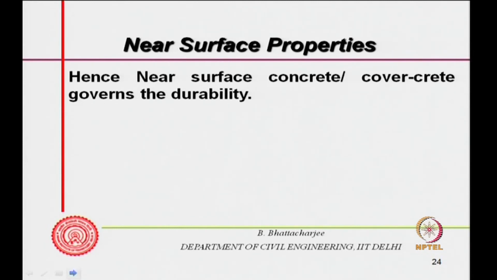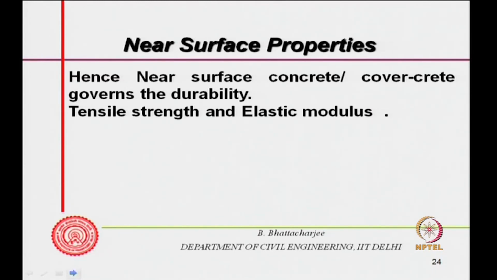So, near the surface is what governs the durability. Is there a way? Well, there is possibly some way, but at the moment this is inherent in concrete. So, you may have to keep the water cement ratio somewhat higher, put an overlay maybe, we will see that of course. Tensile strength and elastic modulus of cover concrete is important, because this governs cracking and strains from the stresses that are applied.